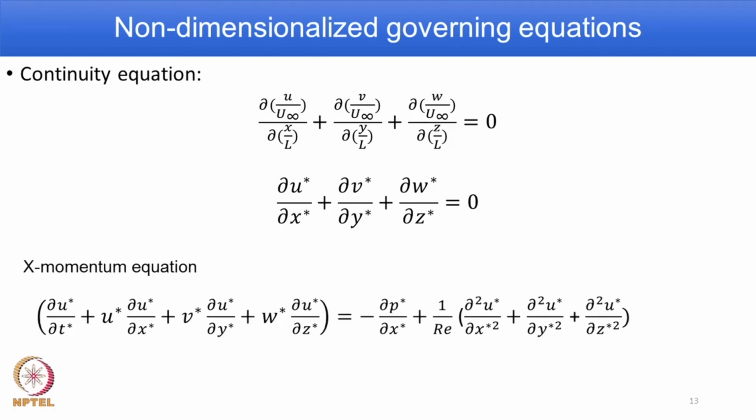You can extend this procedure to get the non-dimensionalized momentum equation, and that is given here. First term ∂u*/∂t*, similarly u* ∂u*/∂x*, and so on up to the last term, the viscous term.